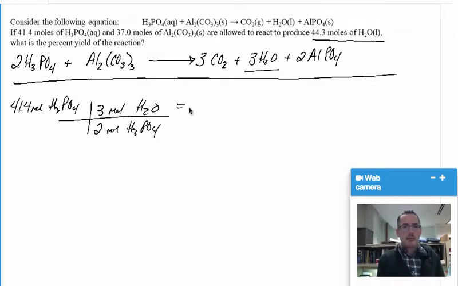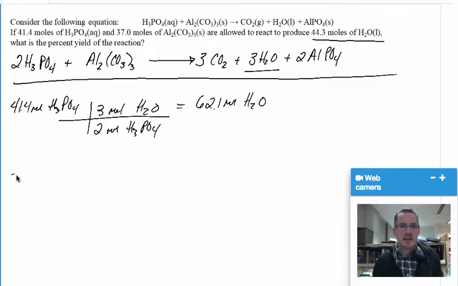So I'm just going to take the number of moles of H3PO4, multiply it by that mole to mole ratio from my balanced reaction equation, and get 62.1 moles of water. So this is the maximum amount of water I could produce if all of my H3PO4 was used.